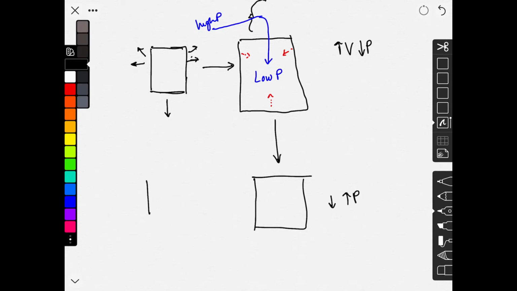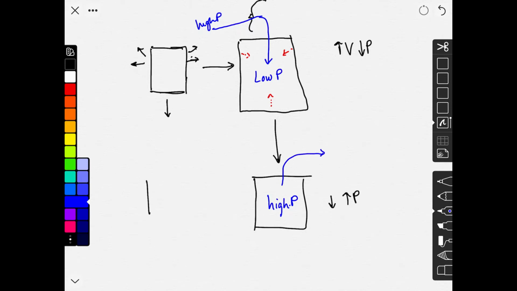Now the pressure inside your chest is higher than it was outside because you've made it a smaller area. And what this is going to do is cause the air to move to where it's at a lower pressure, which is outside. This is completely passive. When you breathe out, you're just relaxing all those muscles and they're causing the chest cavity to decrease its volume, and that air is going to come out.